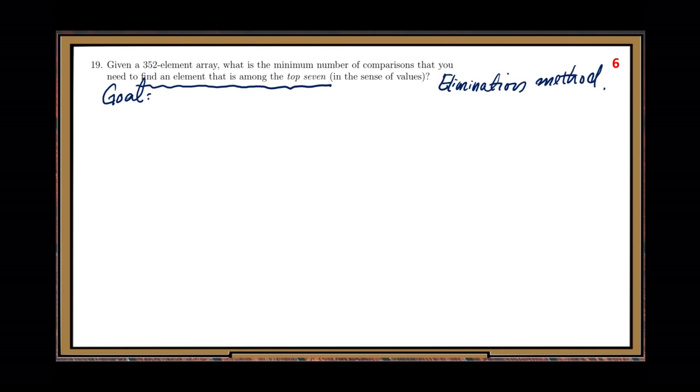So let's ask the question this way: we need to find an element with this property, whose value is in the top 7. We want to interpret this goal in a different way.